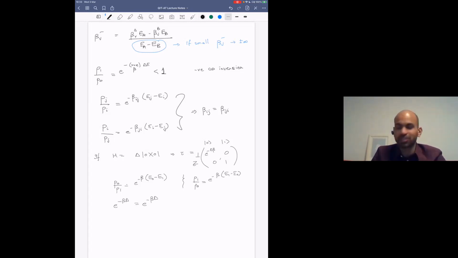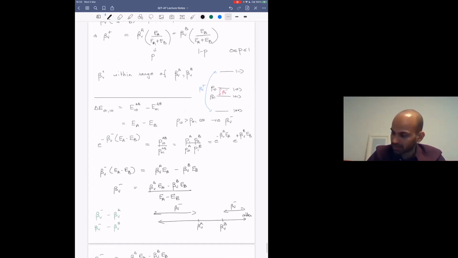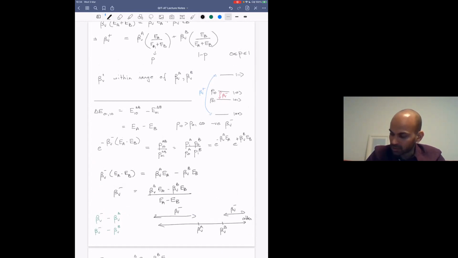This is to say the beta that I get is still going to be the beta that appears as the temperature of the thermal state. So it will not flip the sign. In the case that I just described, if I swap the labels of 1, 0 and 0, 1 and call them anything else, I will still get the same beta, because whatever label I put, the first state labeled minus the second state labeled, the energy difference will be related to the ratio of the first one upon the second one.